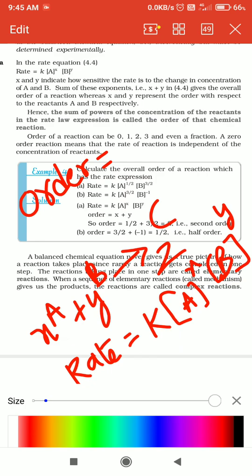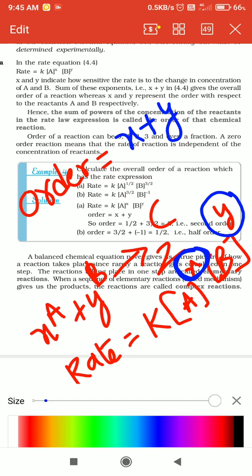That means the exponential terms: A reactant concentration has X moles and B reactant concentration has Y moles. Therefore, the sum of powers of the concentration of reactants is nothing but X plus Y. It will give the order of the reaction.